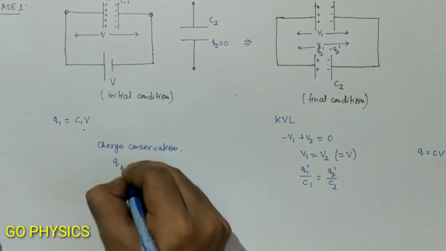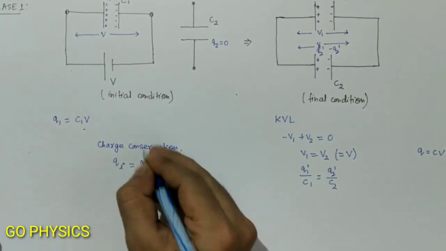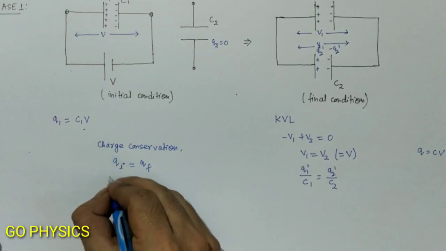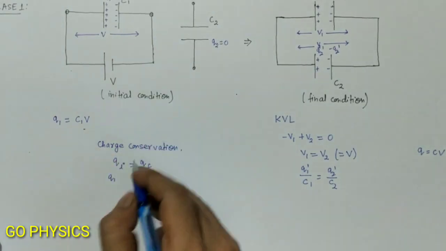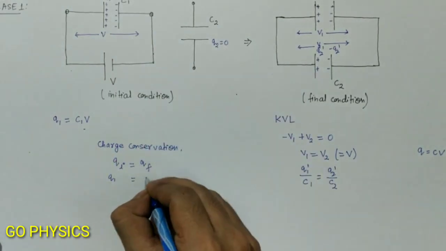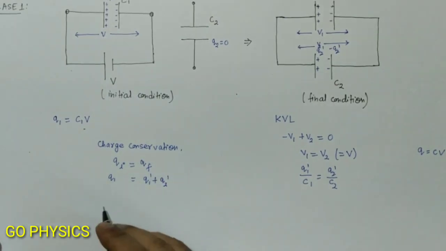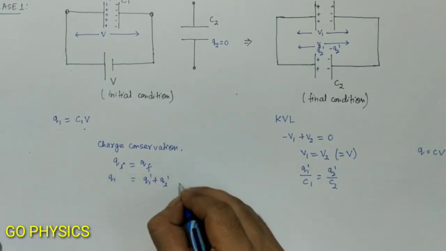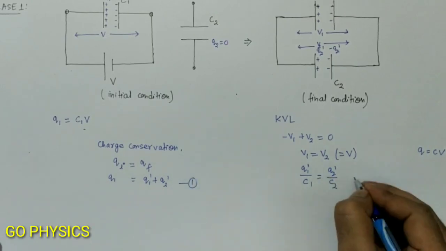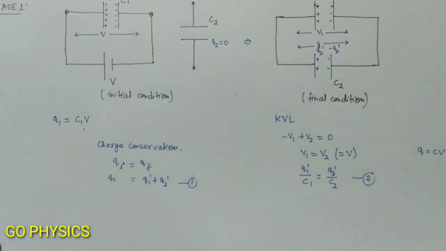Total initial charge is Q1 only because Q2 is 0, and total final charge is Q1 dash plus Q2 dash. Let us call this equation number 1 and this equation number 2. We have two equations and two unknowns.